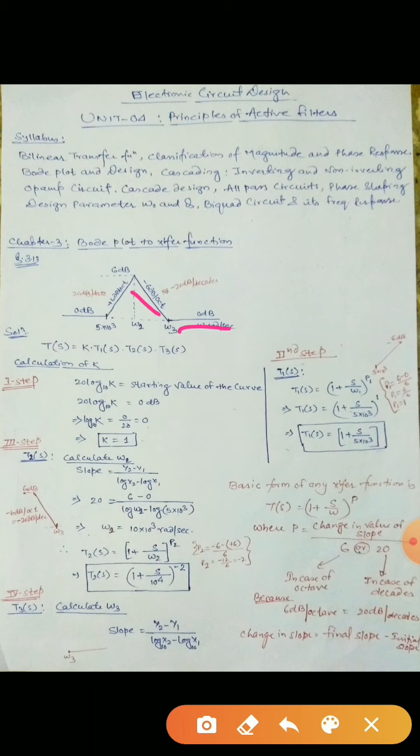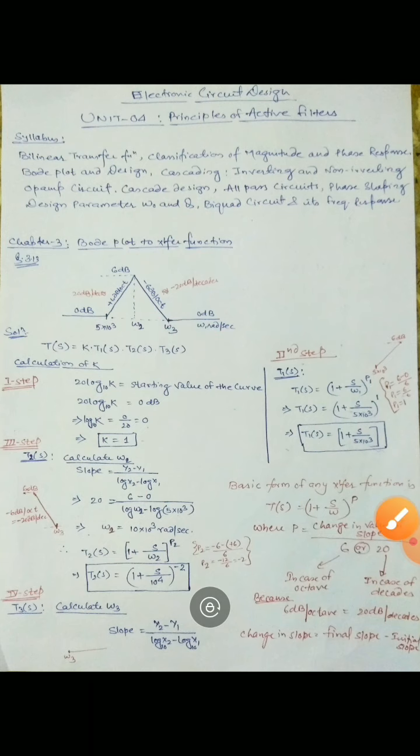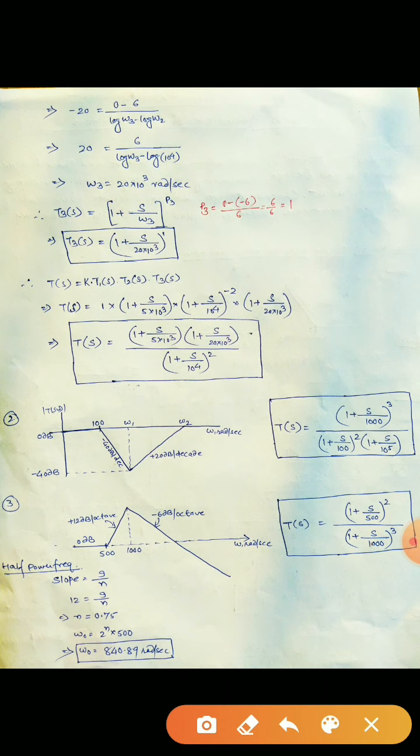So the complete change is 0 minus minus 6, divided by 6. 6 divided by 6 is nothing but 1. So we have calculated the value of P3 as 1. So after substituting all the parameters, the value of T3 of s is equal to 1 plus s by 20 into 10 to the power 3, to the power 1.